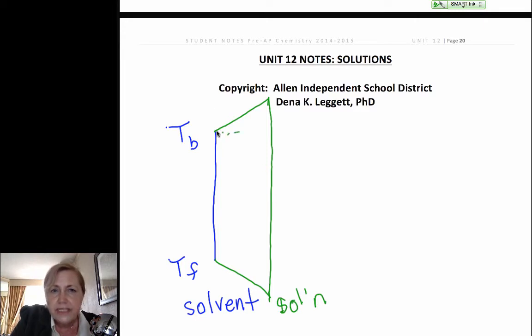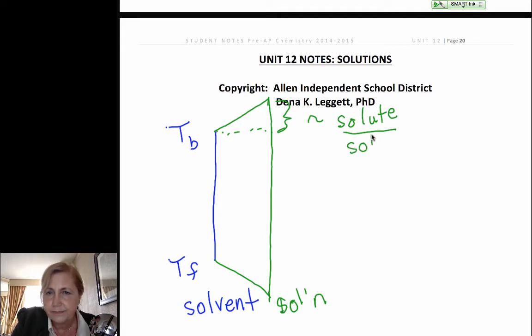Okay, now this change, this difference that we see, is proportional to the amount of solute per given amount of solvent. We're only going to talk about it qualitatively.